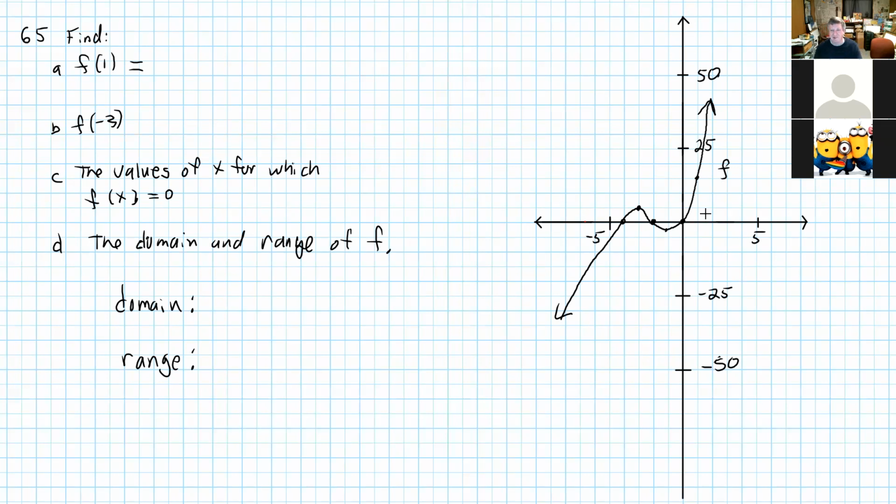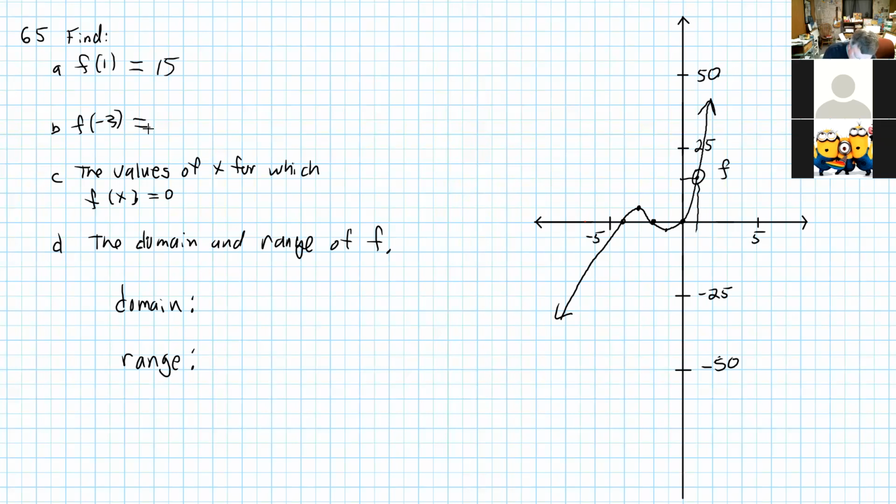Oh, yeah. 5, 10, yes, 15. Because right here, the input is 1, but the output is 15 because the scale on the y-axis, each square is 5 units.